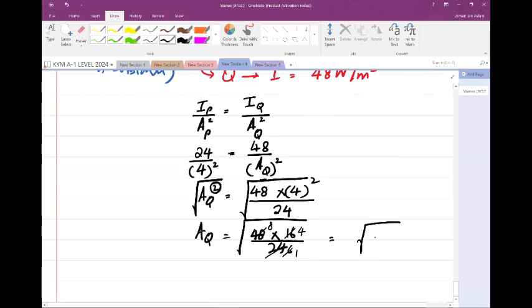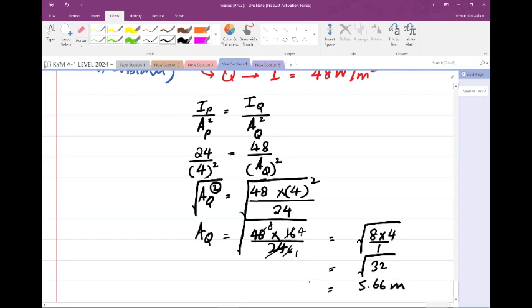That's going to be 8 times 4 divided by 1. So 8 times 4 is 32. You take the square root of that. What is the square root of 32? The answer comes out to be 5.66.